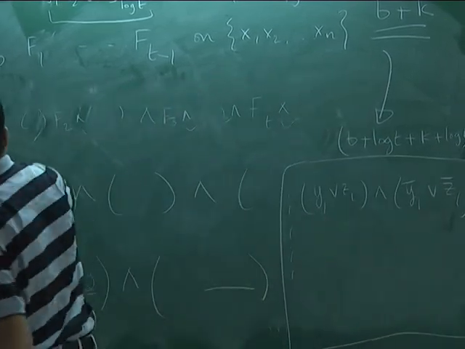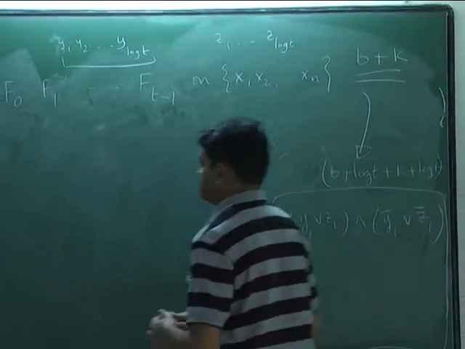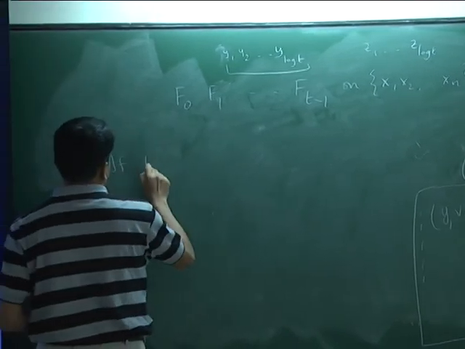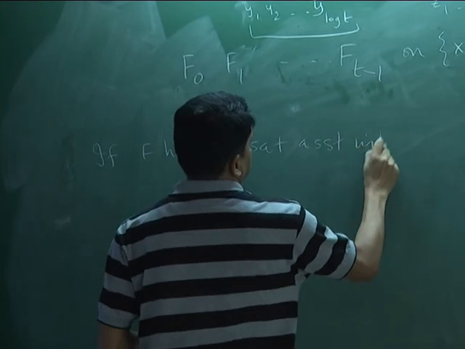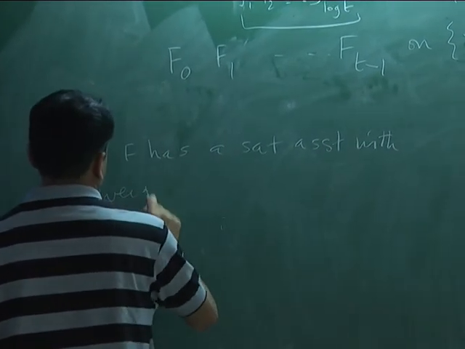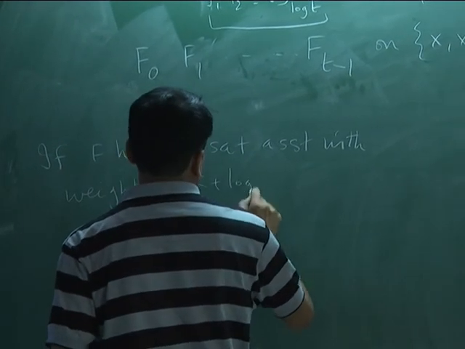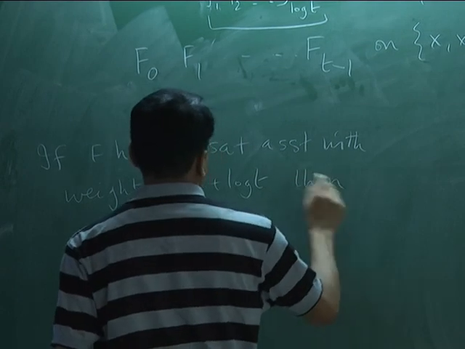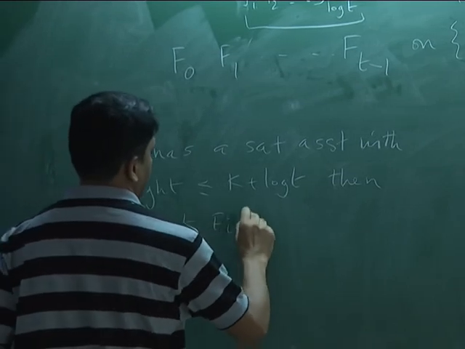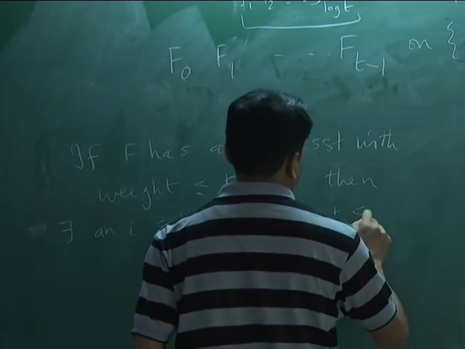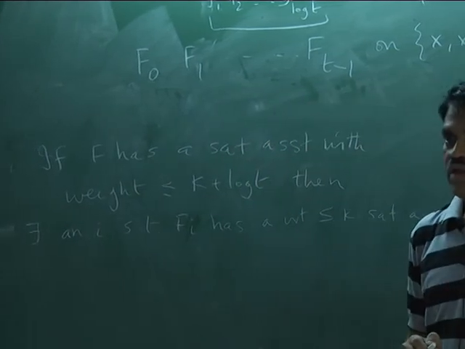I want to say: if F has a satisfying assignment with weight at most k plus log t, then there exists an i such that fi has a weight at most k satisfying assignment. This is what I want to show.